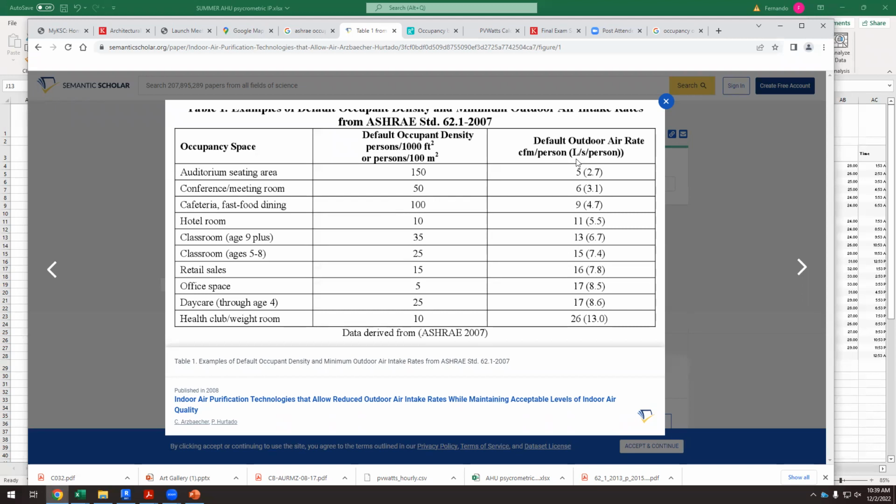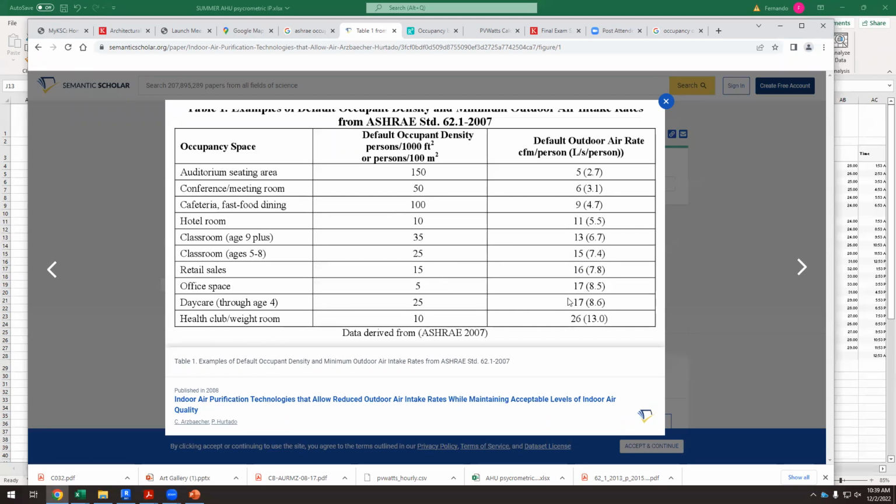We have CFM per person, and then between the parentheses, we have the liters per second per person. Okay, so these are international units. These are the CFM we're using. So we can have 5, 6, 9, 11, 13, 15, 16, 17, 26 in health club weight room. Okay, so we don't have this in an art gallery.